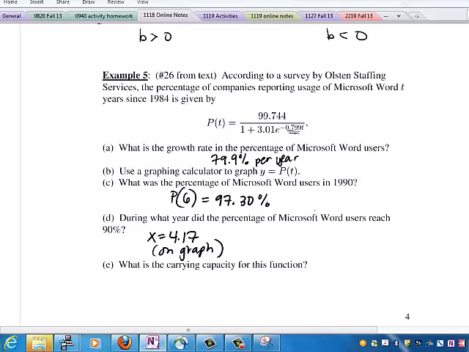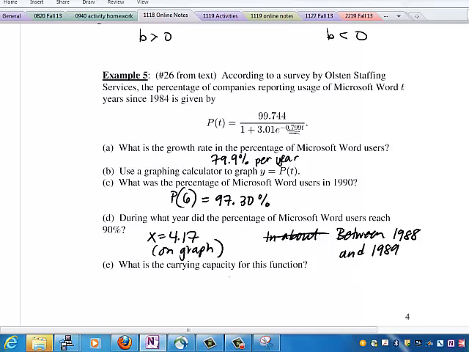So on the graph we saw x was about 4.17. So in about 1988, between 1988 and 1989, let's say between 1988 and 1989, so sometime during 1988.